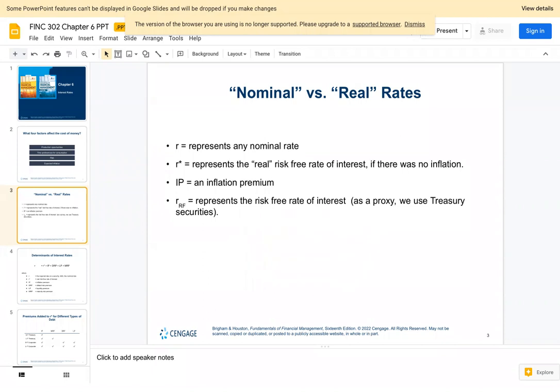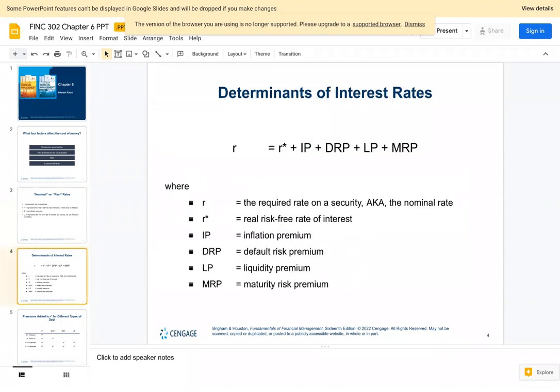So here are various determinants of interest rates where a nominal rate is equal to R star plus IP, and we just said that this right here was equal to R sub RF, the risk-free rate of interest, which we generally observe in our economy as the return on a treasury security.